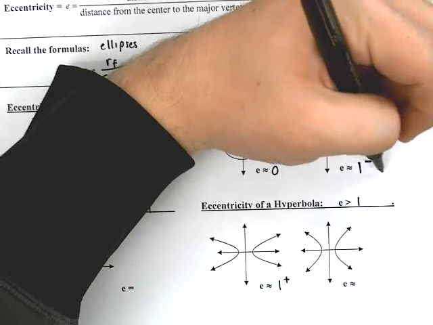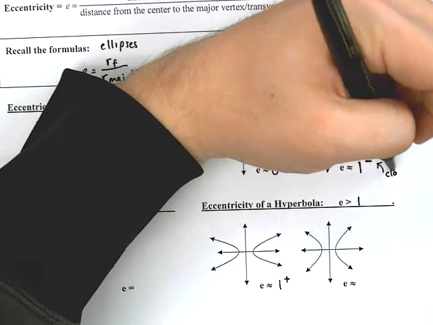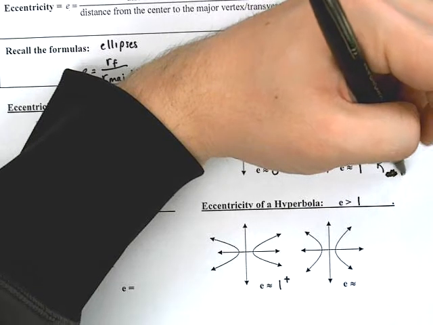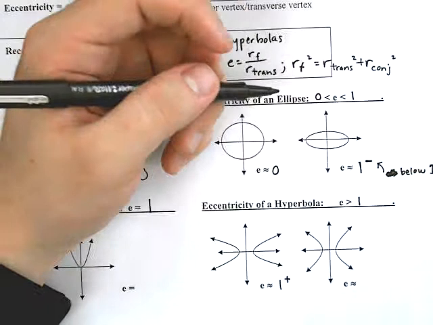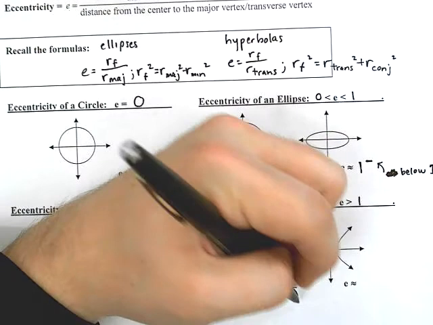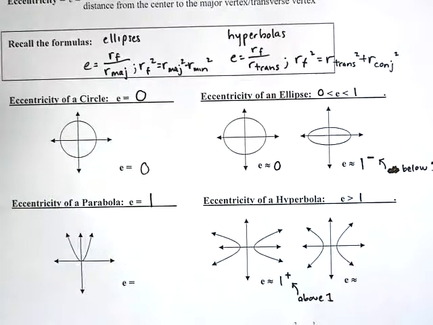How do I say this? Below 1. Now I'm just confusing you guys. Okay, 1 positive means above 1.